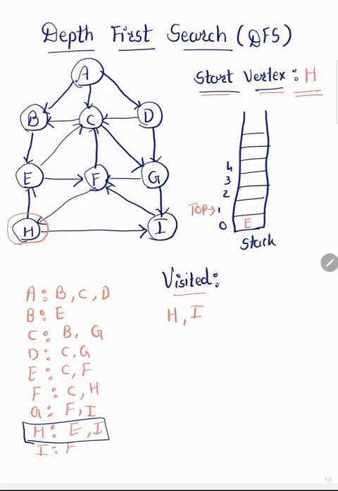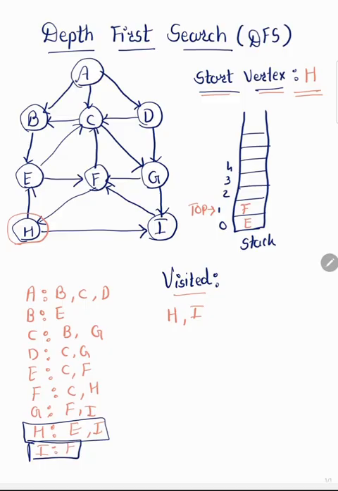The adjacent node of I is F, so I push F to my stack. Once I pop it out, the top is decremented and reaches 0. Then I'm pushing one element, so it is incremented and now it is 1, right?